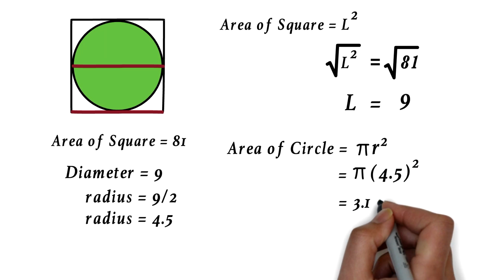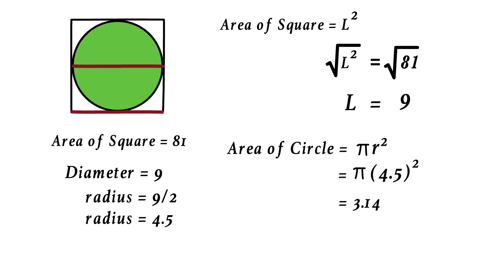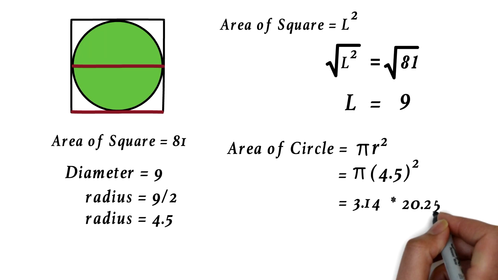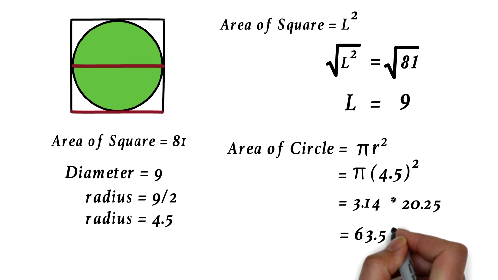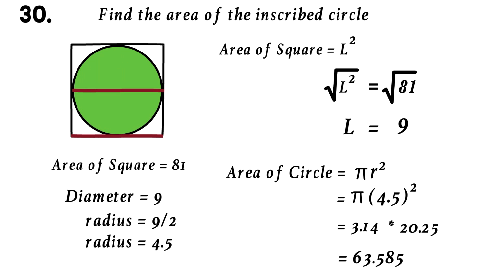Pi is 3.14, and 4.5 squared is 20.25. The area is therefore 3.14 times 20.25, which is 63.585. This required a lot of steps.